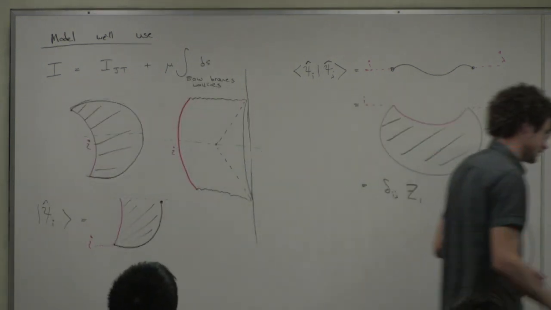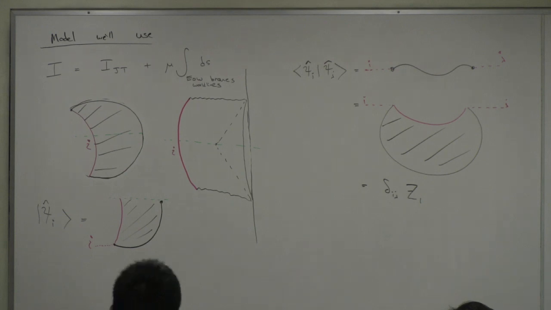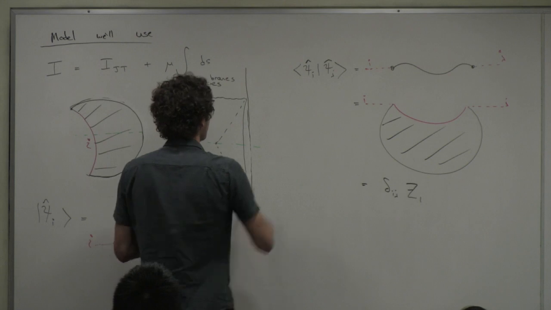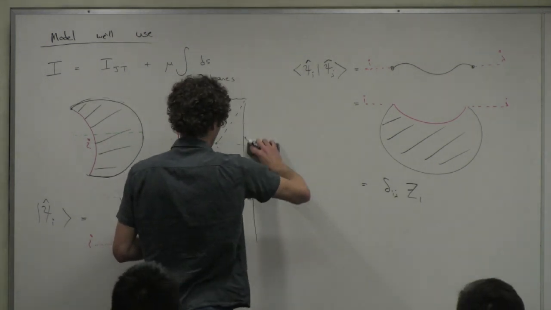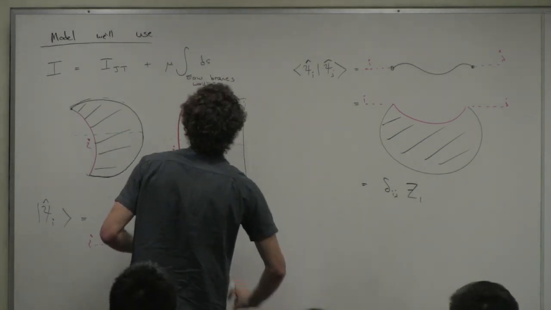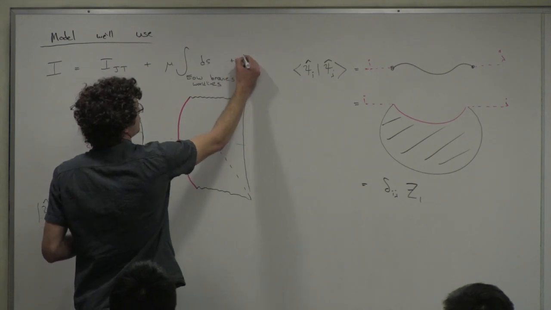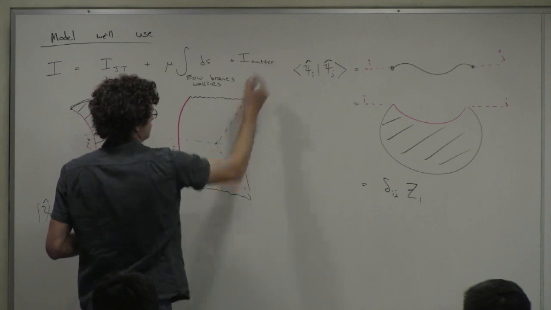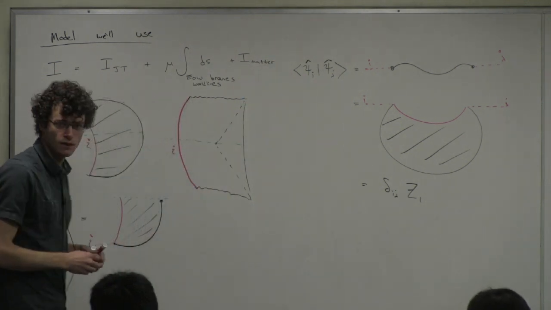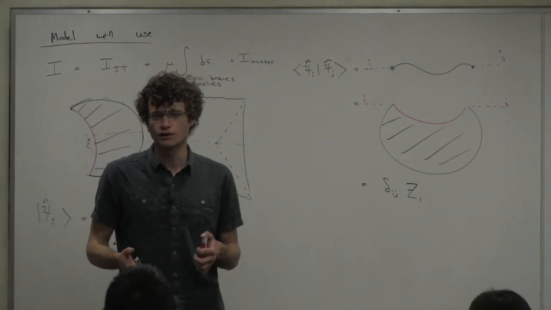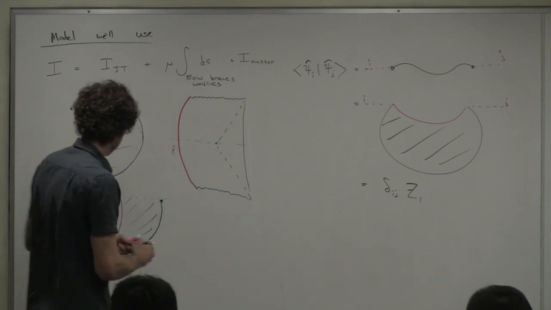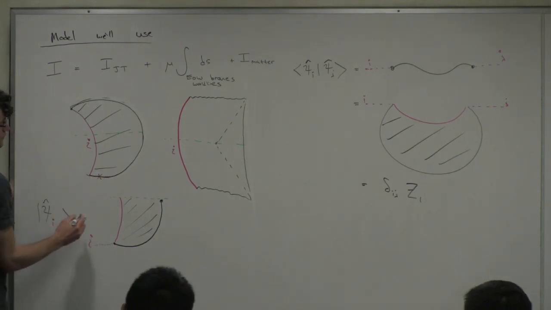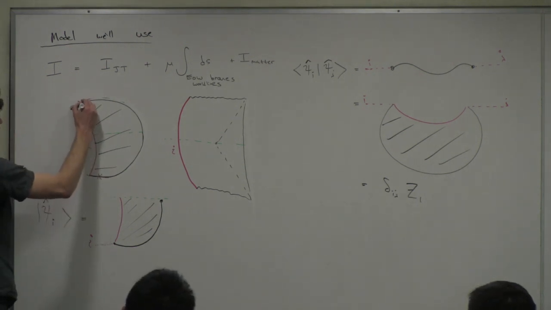Okay, so we're almost done setting up the model. The last thing that we'll do is enrich it slightly further by adding some propagating matter fields. And then we can consider more interesting states where, for example, we act with some operator that sources some matter fields.